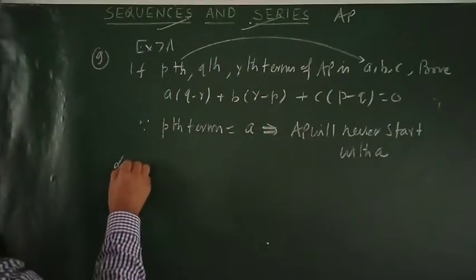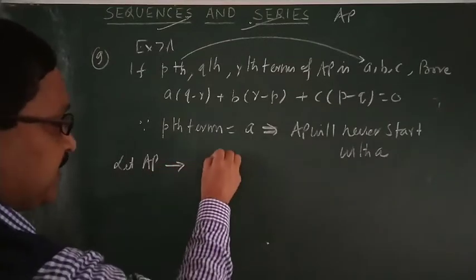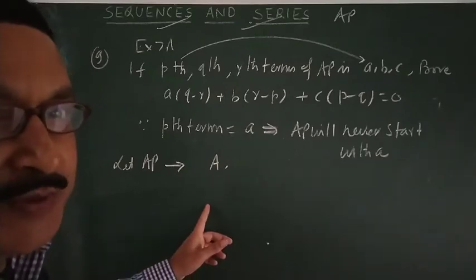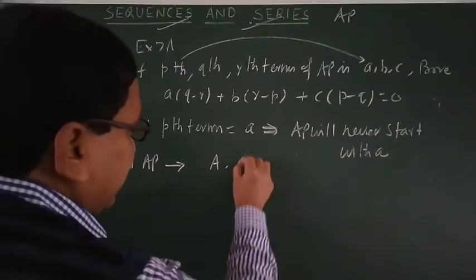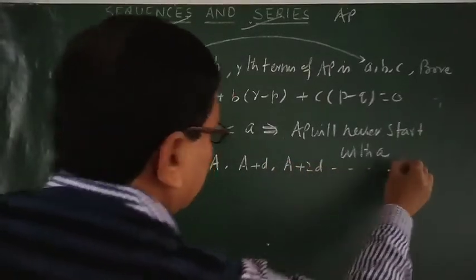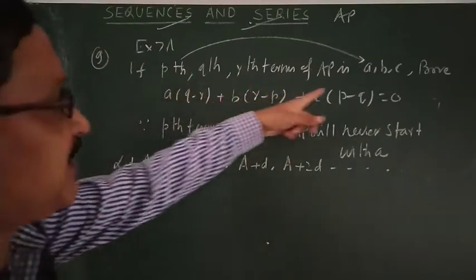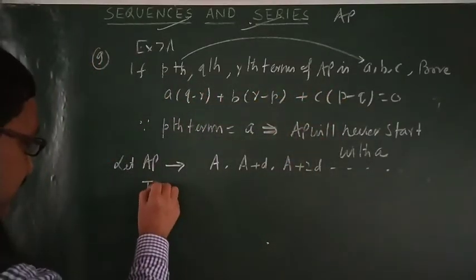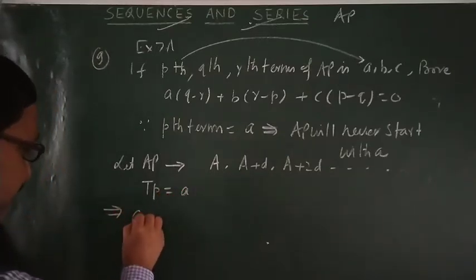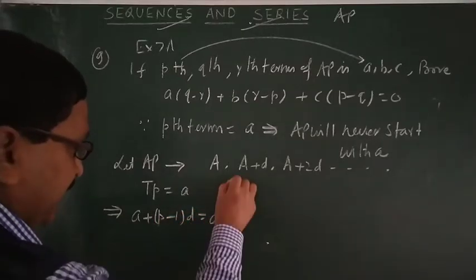So let the AP start with capital A. You cannot use the starting of the AP as small a, a plus d, a plus 2d, and so on. This is your AP. On the basis of this, you can select the pth term is a, Tp is equal to a. So this implies A plus (p minus 1)D is equal to a.